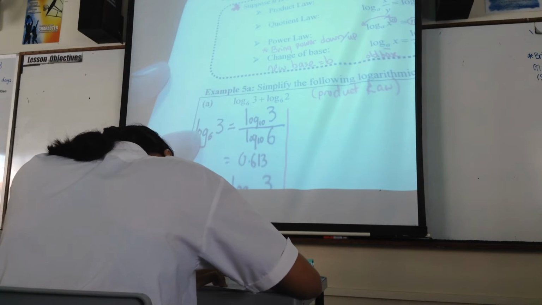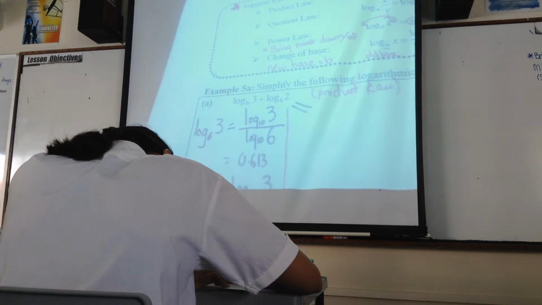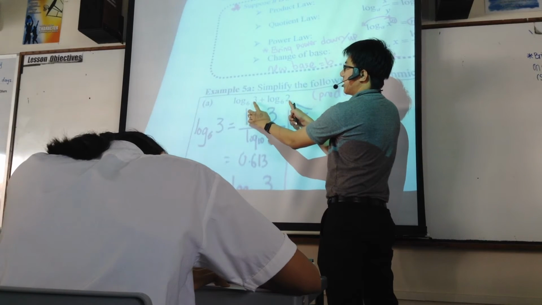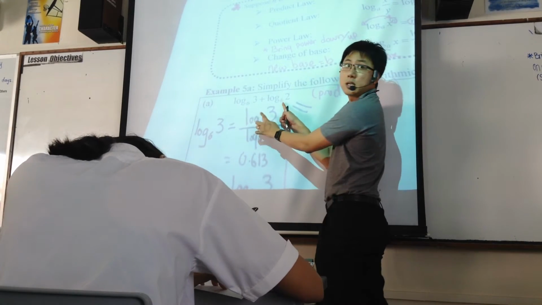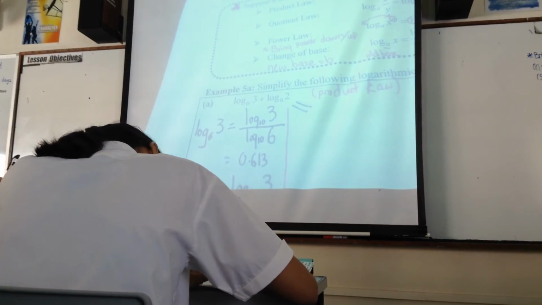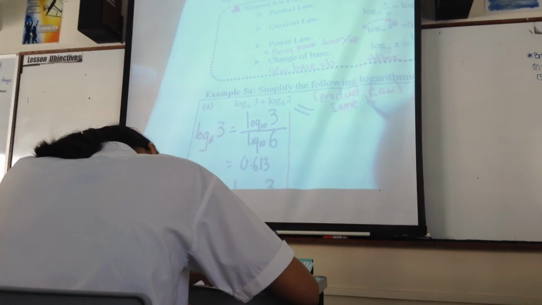So product law means when I simplify, it will be what? Log something plus log something. Check, it must be same base or different base? It must be same base.